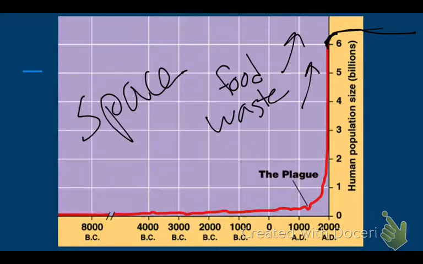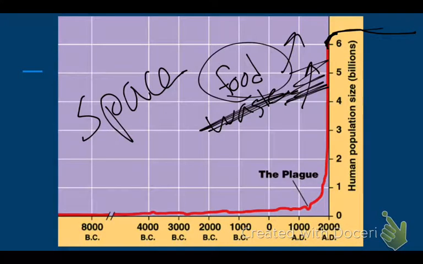But we have to look at how we are managing the resources that we have, so that you can prevent a carrying capacity from coming into place as long as possible. So for example, when we look at our waste, well, can we start recycling more? Because if you recycle more, then you make the waste problem go down, you make the disease problem go down, and you now have more space for food.